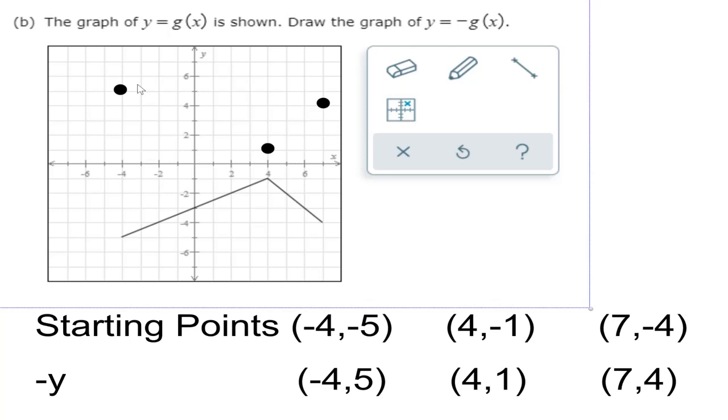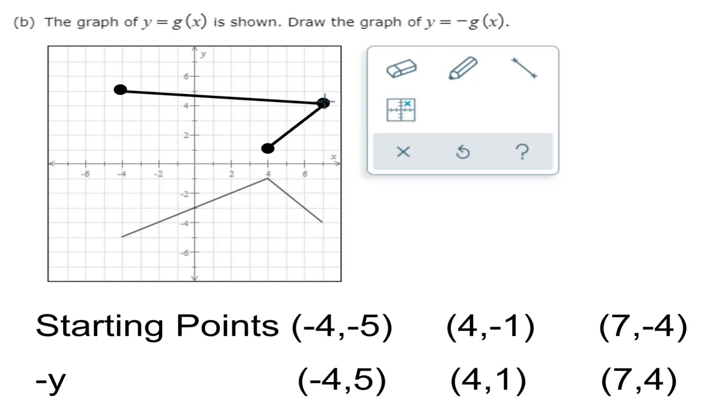I'm now going to connect those with lines, and my problem will be finished. Do make sure you connect them to the right points, otherwise the picture doesn't look right, and it will mark you wrong.